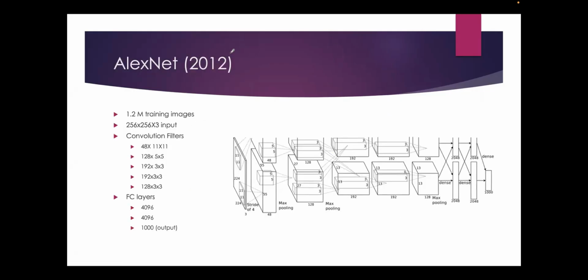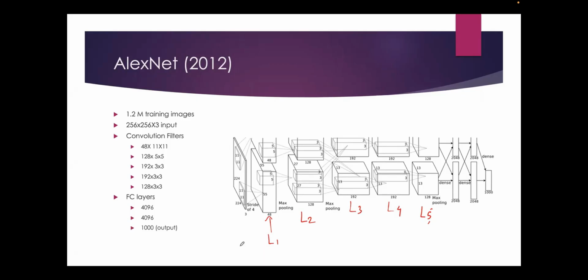So in 2012, there was a network called AlexNet that revolutionized deep learning. This was a breakthrough paper in 2012. In AlexNet, a similar architecture was used. Given an input, it again contained multiple convolutional layers: layer 1, layer 2, layer 3, layer 4, layer 5, all convolutional layers, and then some fully connected layers.